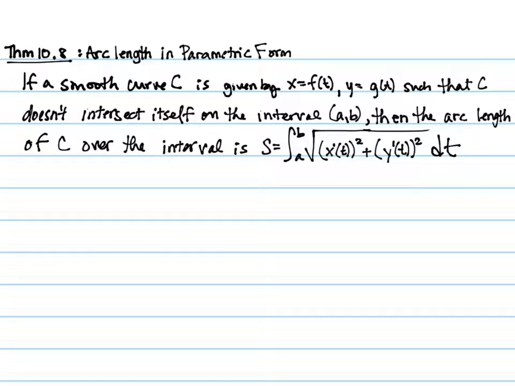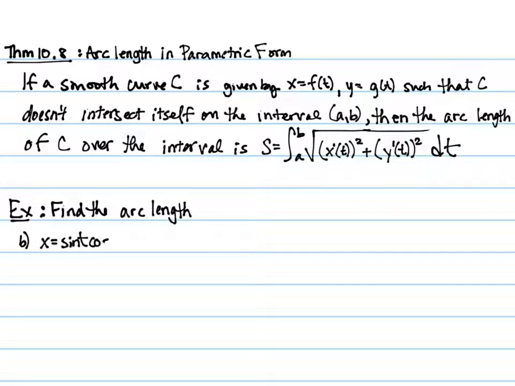So let me give you an example so you can see how lovely things work out when we're working on these. So we're going to find the arc length. Our example is x equals sine t cosine t, and y equals sine squared t.